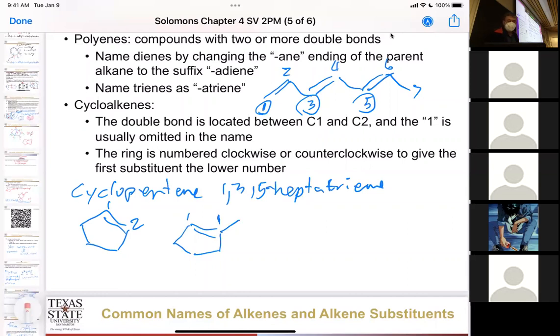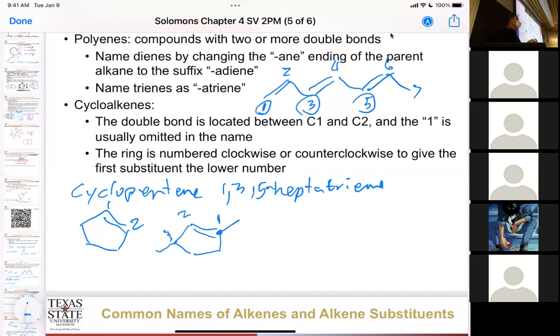So let's erase that one and name that one. Okay, so because we're starting from here, because that's our lowest number, 2, 3.